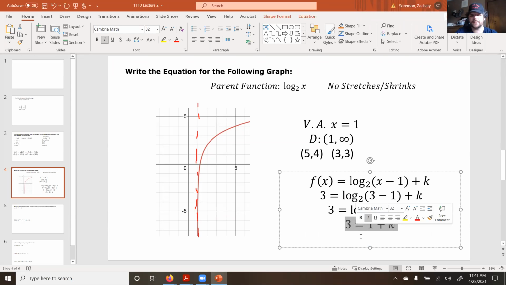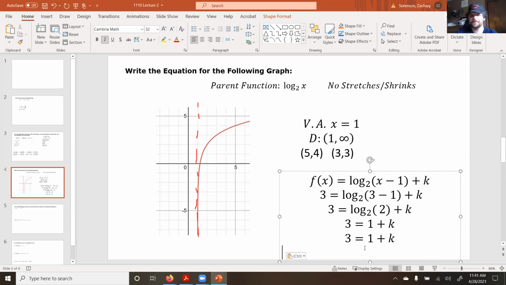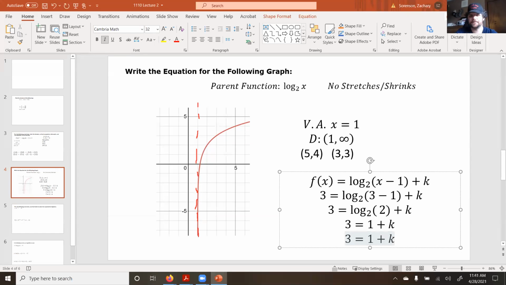And so K is equal to 2. So what's my final answer? f of x is equal to log base 2 of (x minus 1) plus 2. Perfect.